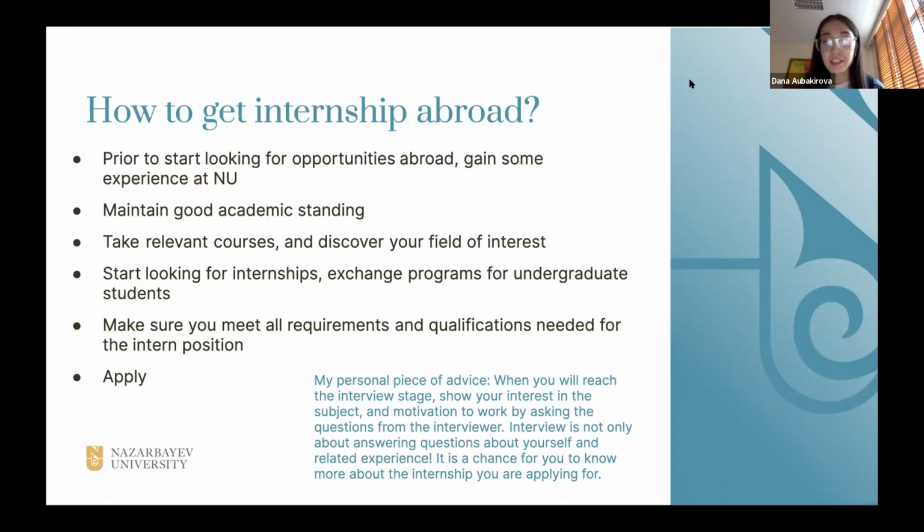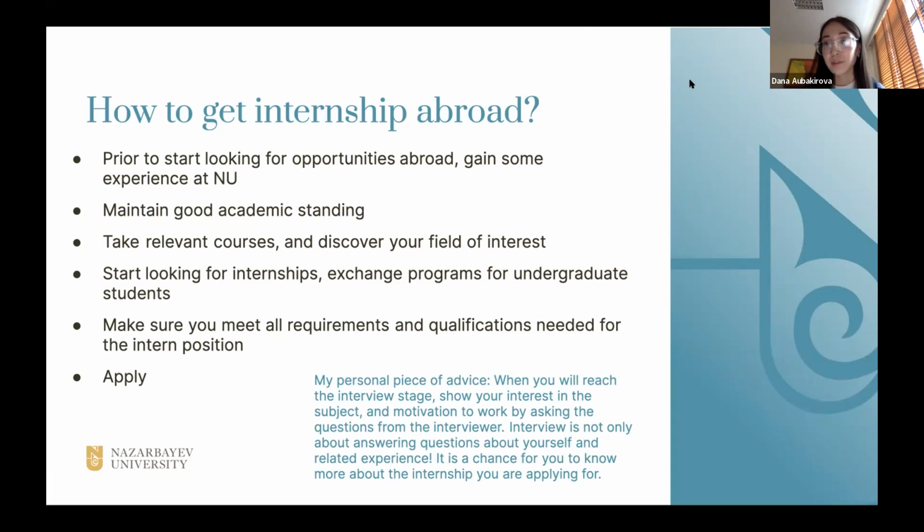who possesses leadership skills. That might really differentiate you from others, because frankly speaking, for some particular internships abroad especially, there are lots of candidates, and all of them have high technical skills and a very good, competitive GPA.